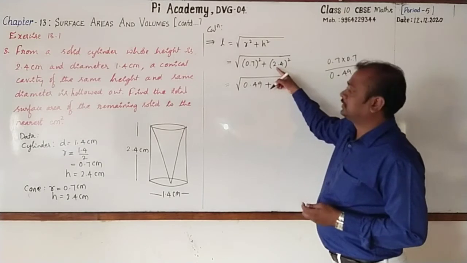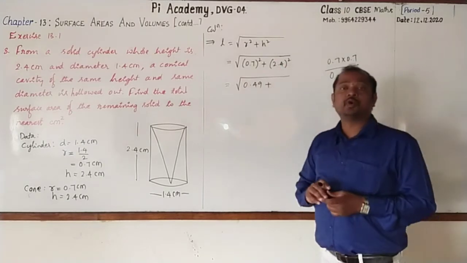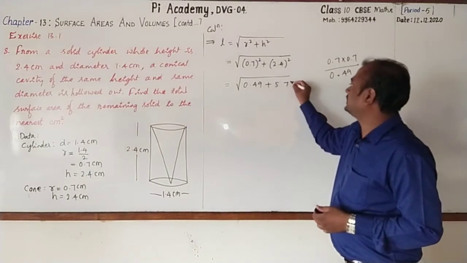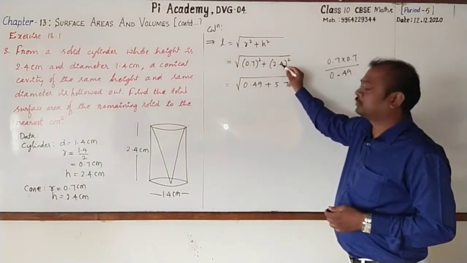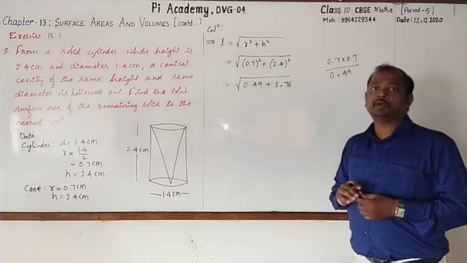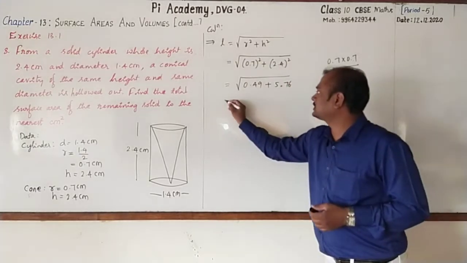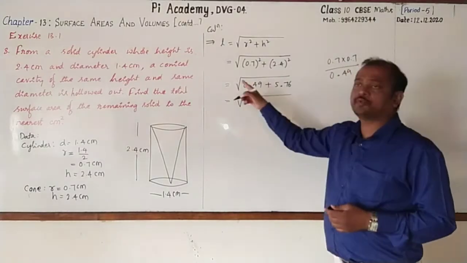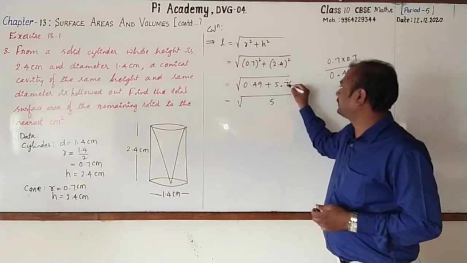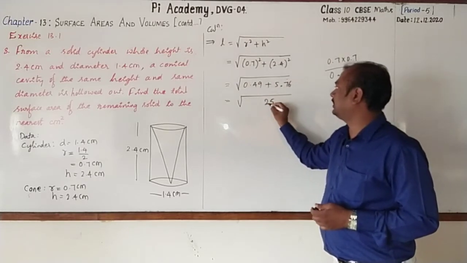Plus, then 2.4 whole square. What is 24 square? Very good, it is 576. After decimal, here one digit, as it is square, there will be two digits. Hence it will be 5.76. And this is equal to square root of, please go for adding. Here 6 plus 9 is 15. Carry 1. 1 plus 7, 8. 8 plus 4 is 12.